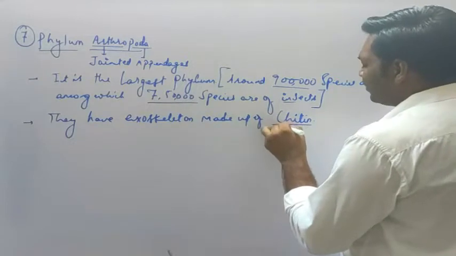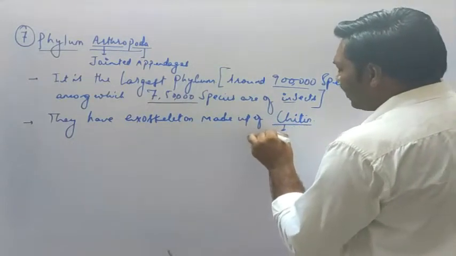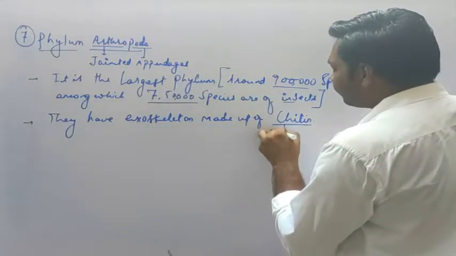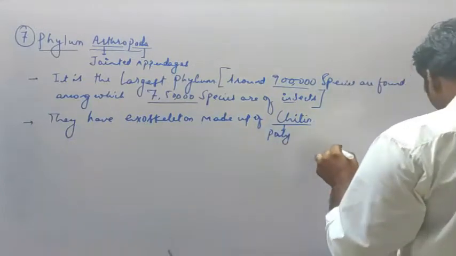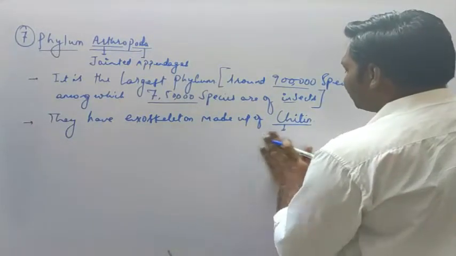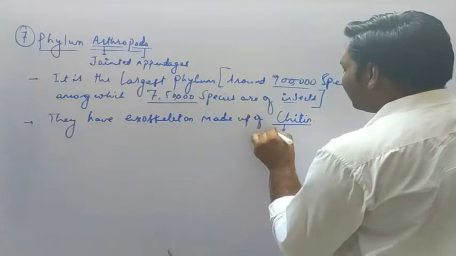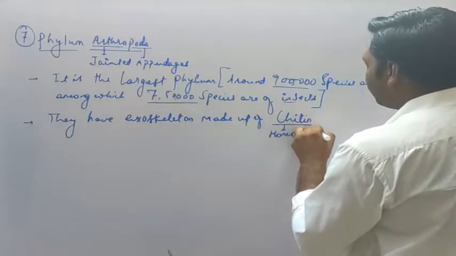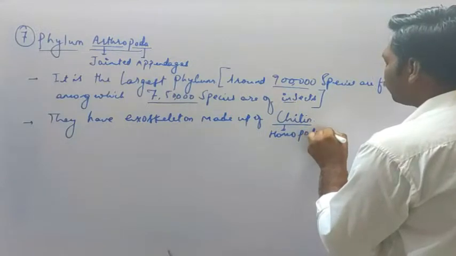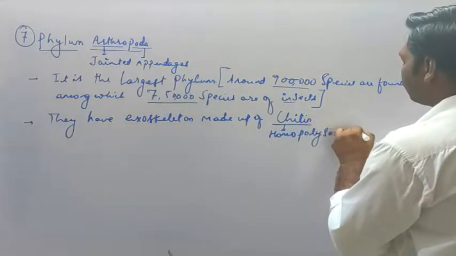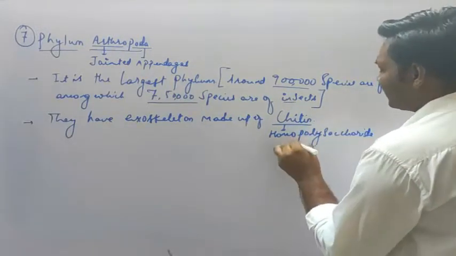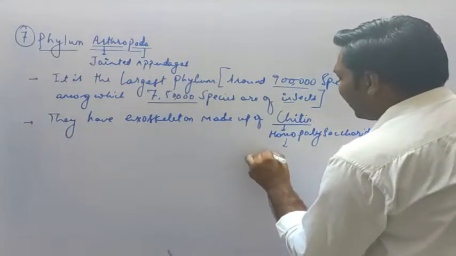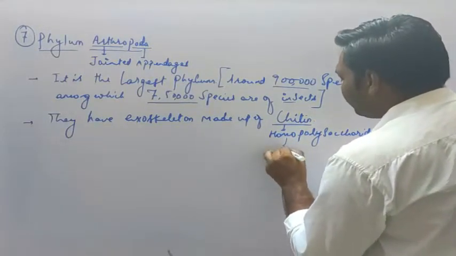Now chitin is a polysaccharide. Basically it is a homopolysaccharide, and it is composed of N-acetylglucosamine.